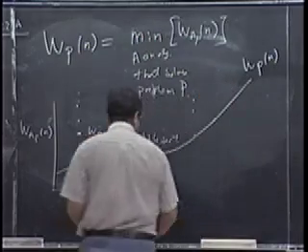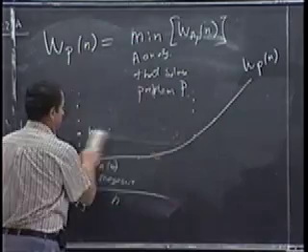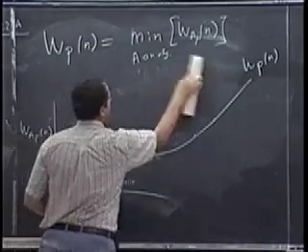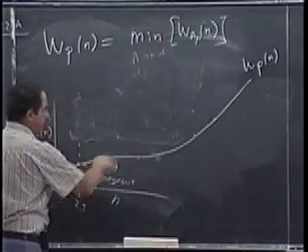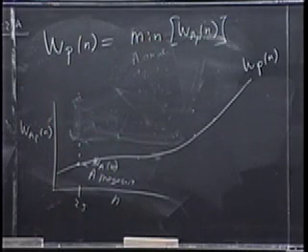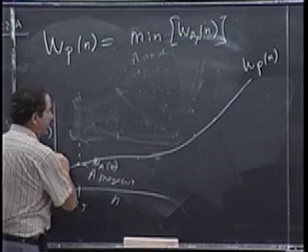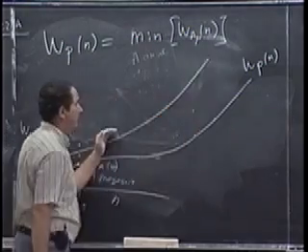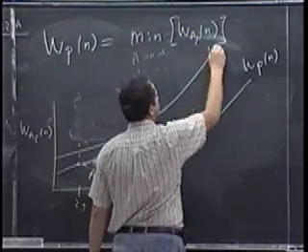I mean, that's just by definition. I haven't really said anything very interesting. If I look at this curve, and I think of any other curve for a specific algorithm A, it's of course got to be up above.